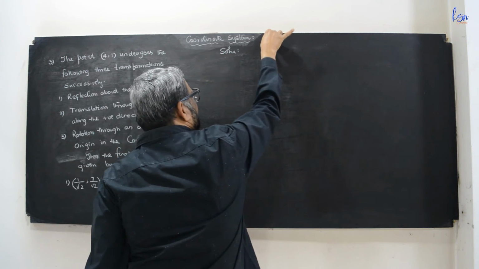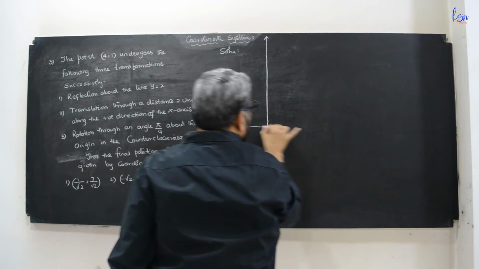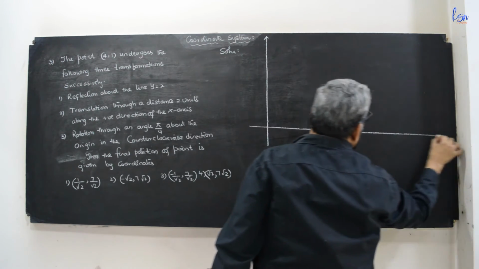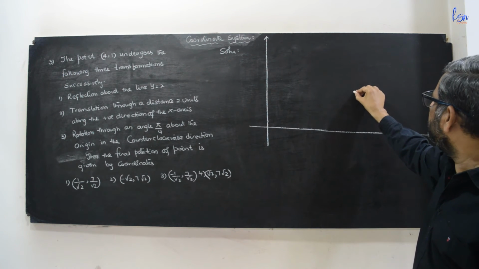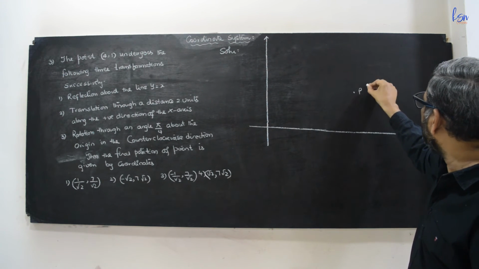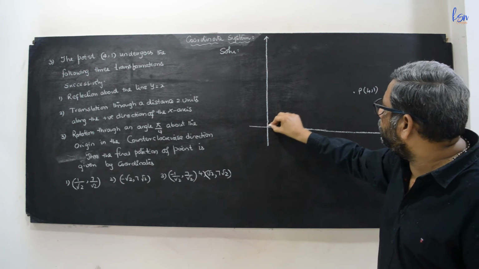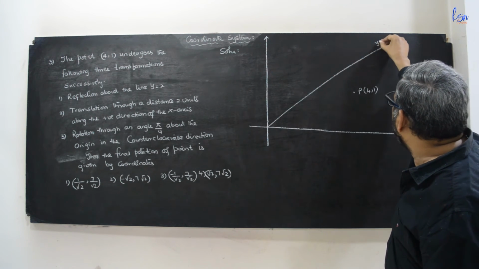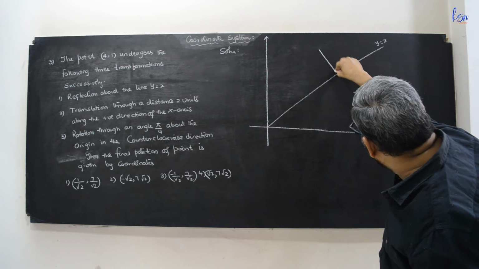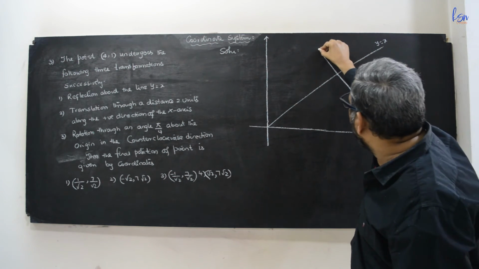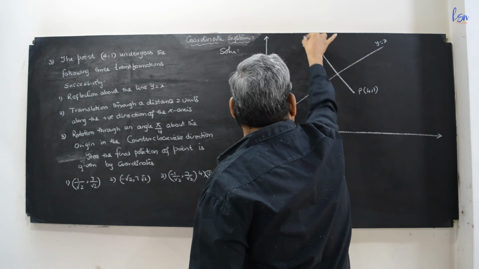So, first of all, let us consider the coordinate plane. Let us take the point P (4,1). This is the line y is equal to x. The reflection of the point P with respect to y equal to x is here. Let us call this P dash.